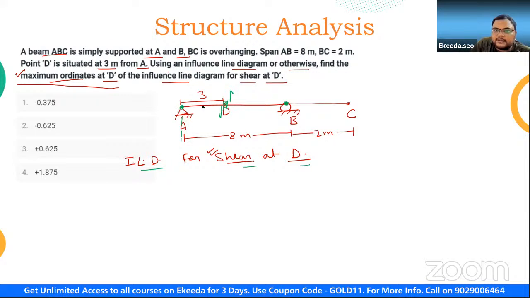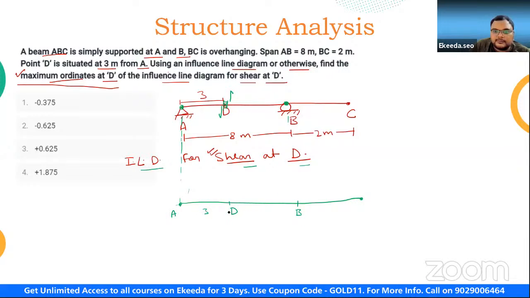So can anybody tell me, if I take this point downwards and this point upwards, how is the influence line diagram going to look? See here. Let us say this is point A, this is point D, and this is point B, right?